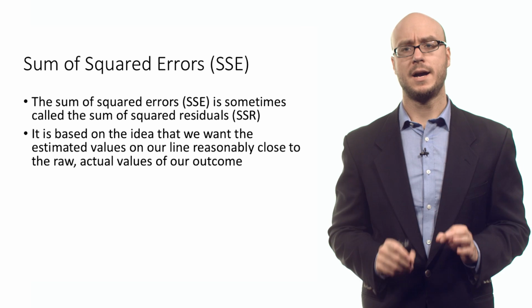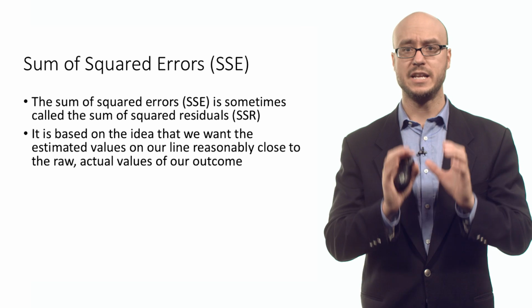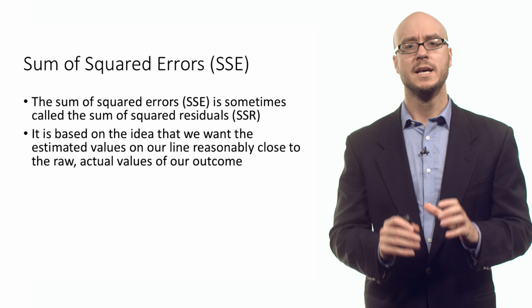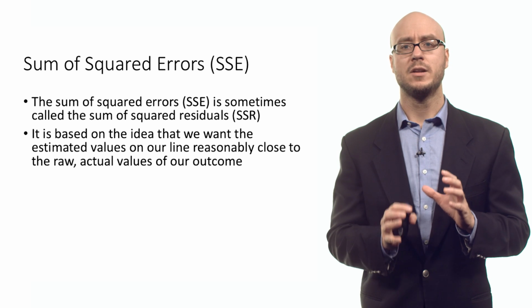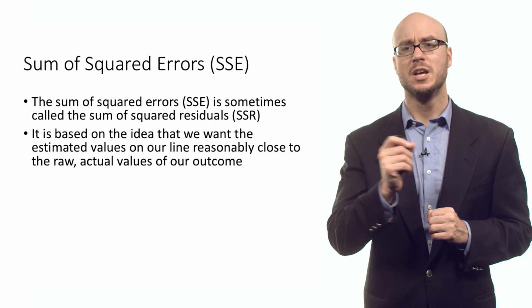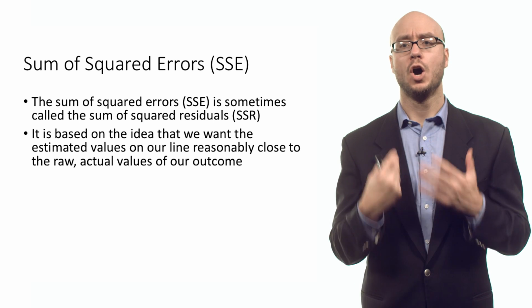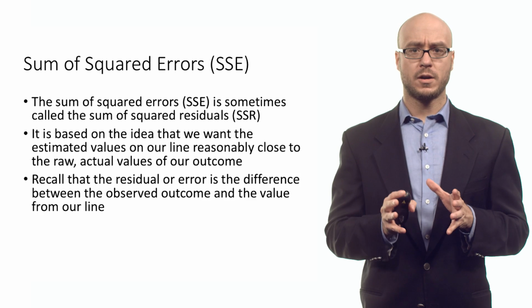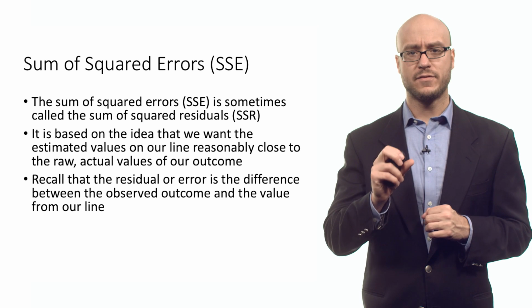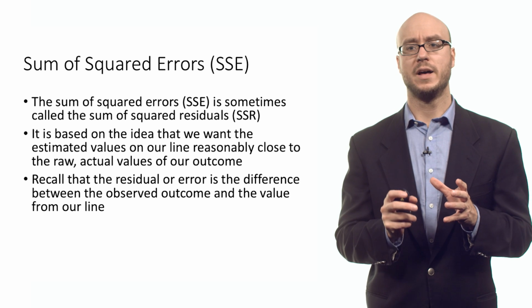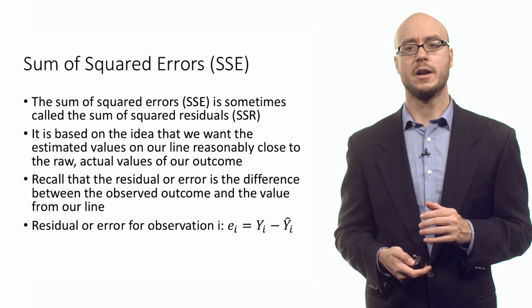The idea behind this criterion, the idea of minimizing the sum of the squared errors, is that we want the estimated or expected values on our line to be as close as possible to the raw actual values of our outcome overall. If you recall, the residual error is the difference between the observed or raw outcome value and the value on our line, our fitted value.